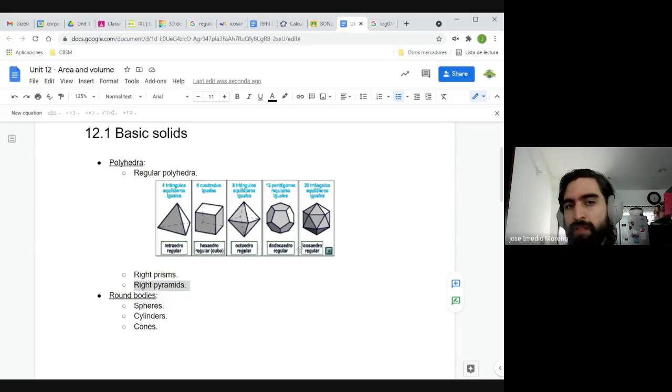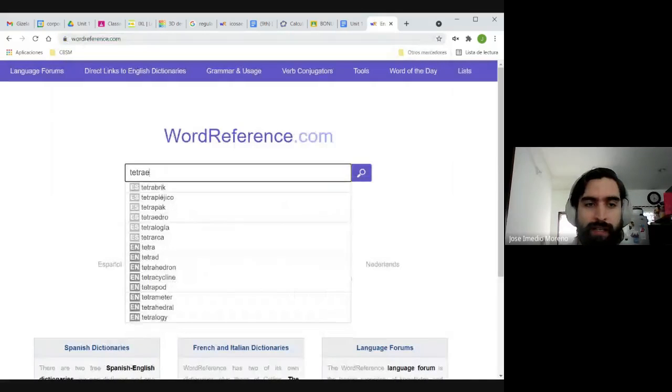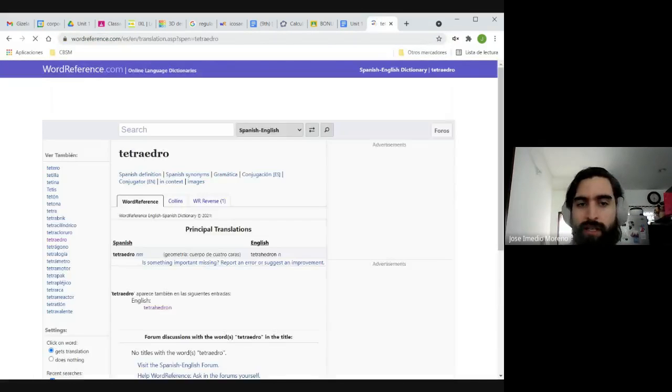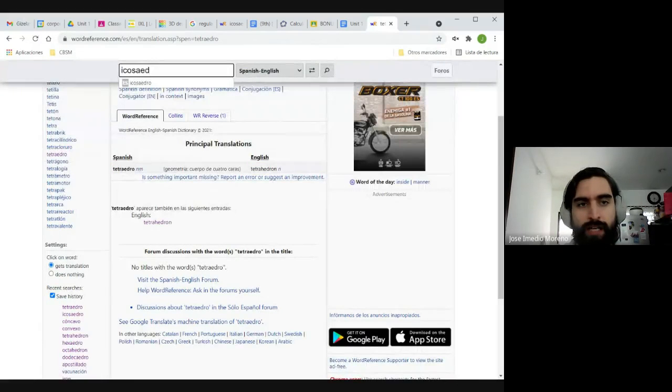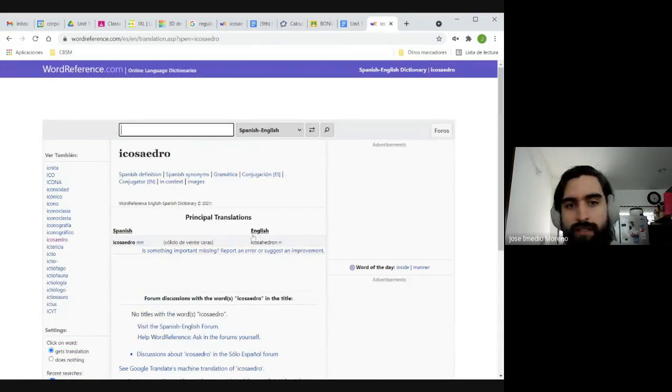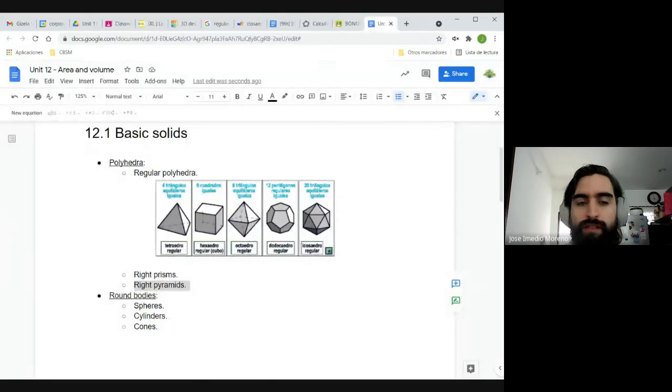These names are in Spanish, but in English it's very similar: tetrahedro is tetrahedron, icosahedro is icosahedron. So a tetrahedron is a polyhedron where all four faces are equilateral triangles.